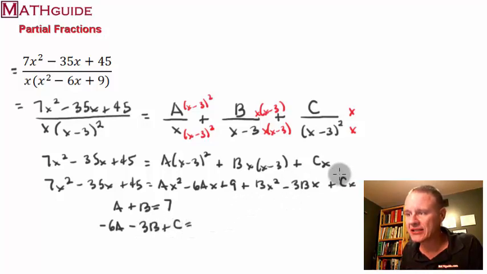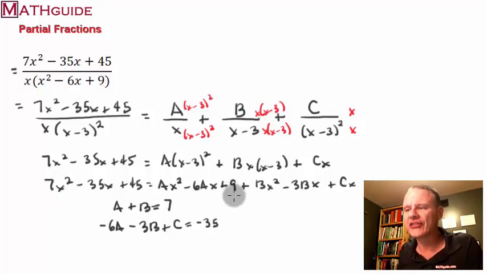All of those x terms have to equal this x term. So the coefficients of these x terms have to equal the coefficient of this x term. The sum of the coefficients of the square terms has to equal this coefficient of the square term. That's where I'm getting these equations. I'm looking at coefficients only.